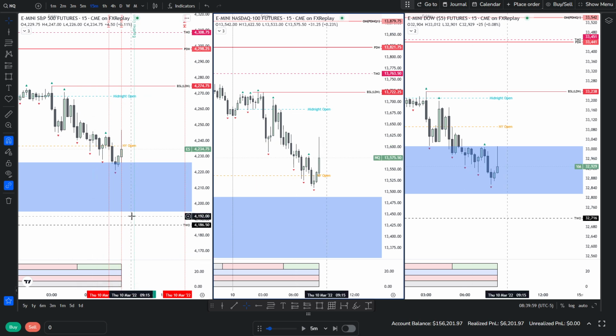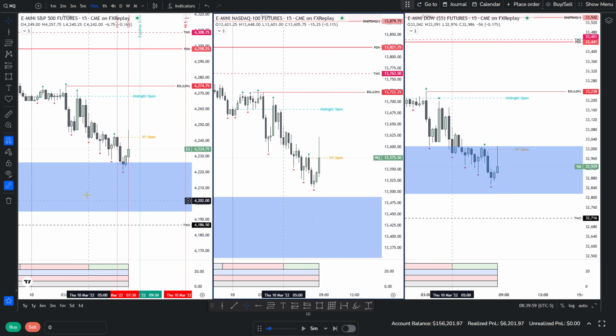Okay, so now that's the CPI numbers. So we've got a breaker here. Be interesting to see if the market trades above the breaker or whether it continues lower.